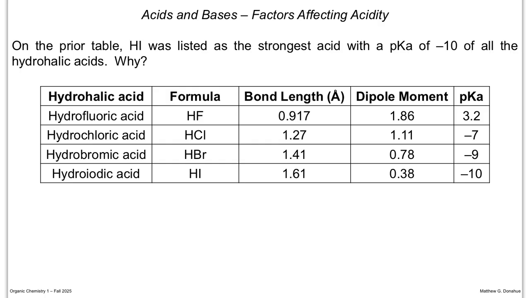Let's look at another one. It's slightly different, related to some periodic trends. And these deal with these mineral acids HX, where X, again, is a halogen. Anyone know which one of these Jesse and Heisenberg used in Breaking Bad?